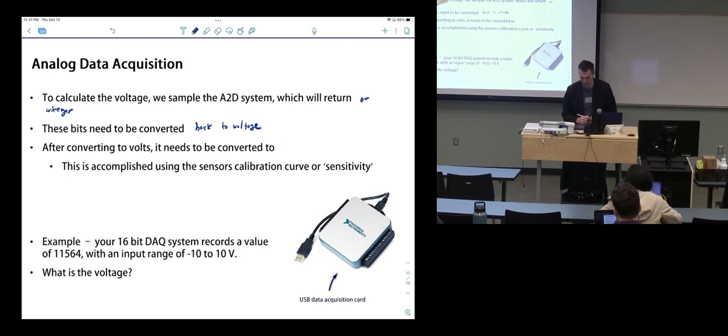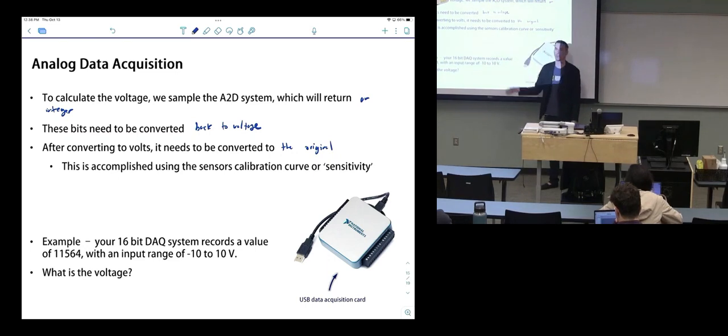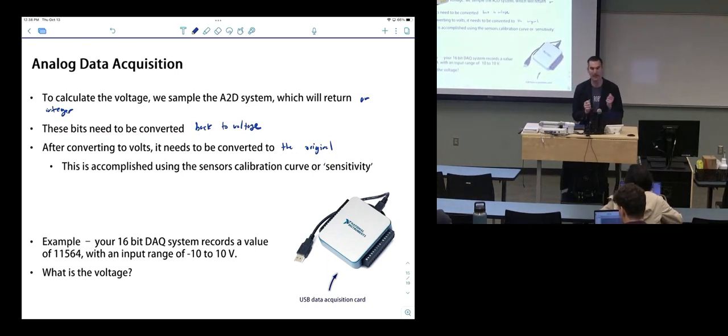After converting to volts, it needs to be converted to the original units of the sensor or process being measured, like meters or amps. That's accomplished using the sensor's sensitivity or calibration curve, which is always in the data sheets. But what I want to tell you now is how you go from a sampled integer back to volts.